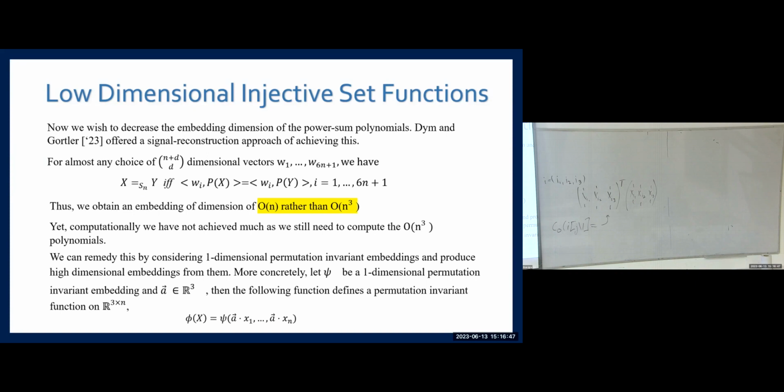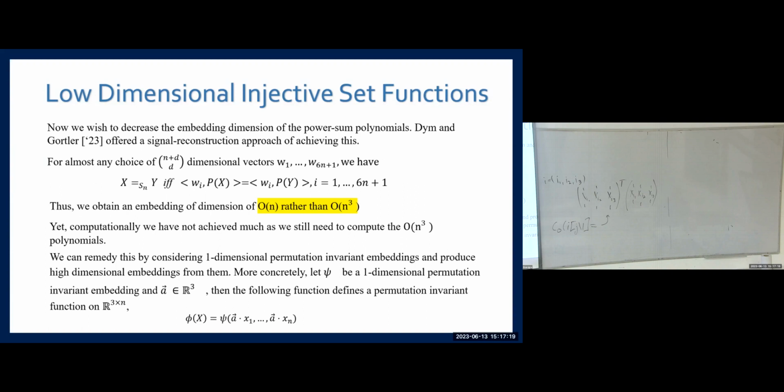We first have to compute this huge vector of polynomials, and only then project. So even though our final embedding is low dimensional, only 6n dimensional, the actual computational resources required are on the order of n^3, which is a lot. If we want to simulate the WL test, it will just grow exponentially and be infinite.